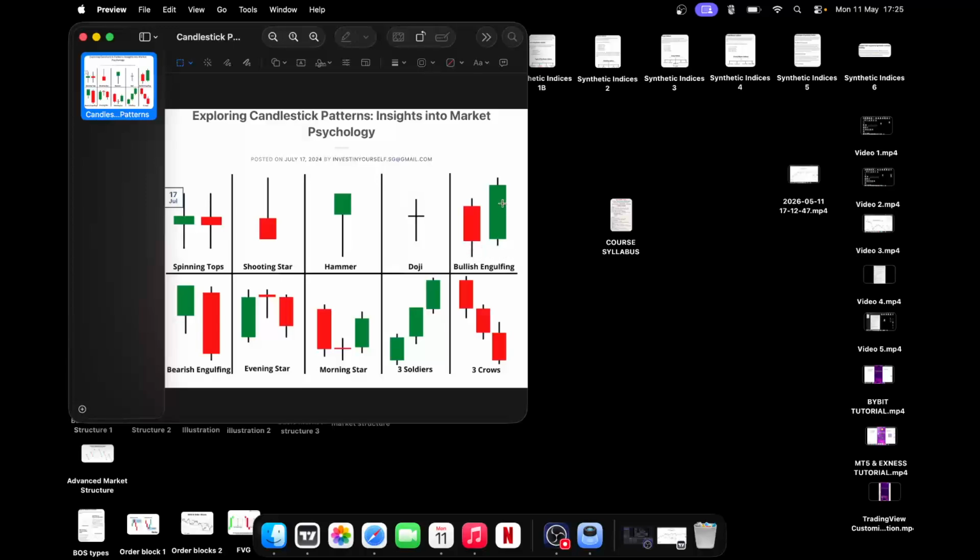The red candle will be printed first, then the green candle will be printed next, and this green candle now engulfs, that is, it covers everything about the red candle that was formed before, like it swallowed it. You understand? So we call it a bullish engulfing pattern.